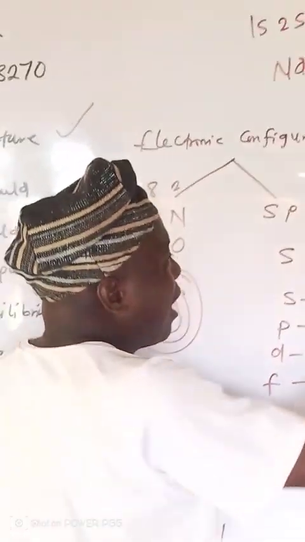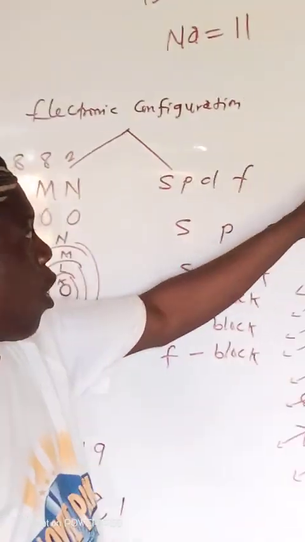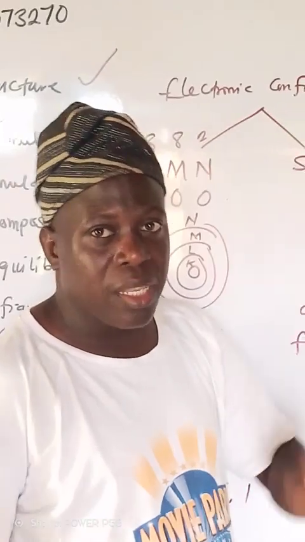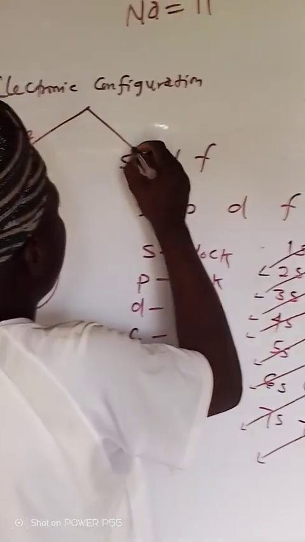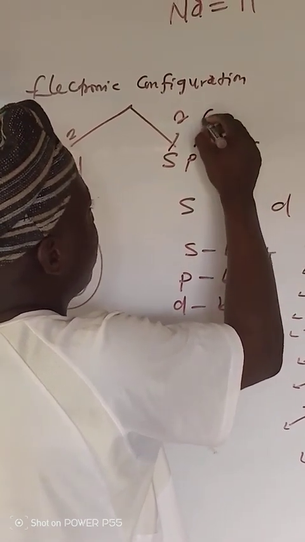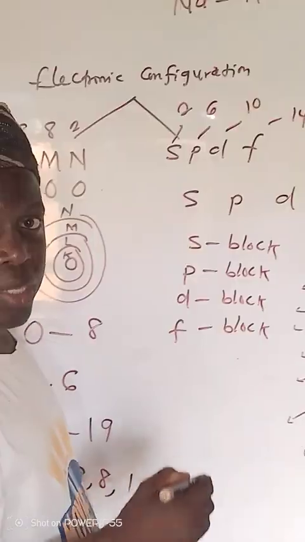If the electron you have is 3, you cannot have 3 on S. We can only have 2 on S. P can acquire a maximum of 6 electrons, D is 10, and F is 14. Is that okay?